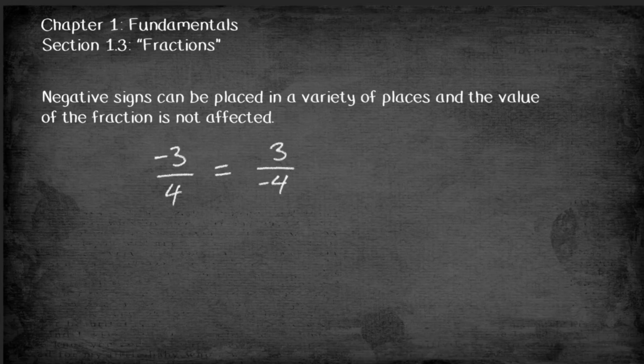If we think for a moment, fractions represent division, and the sign of the answer between these two fractions is going to be the same. And of course, the numbers are the same, so these two fractions are the same. It's also sometimes helpful to just put the negative sign out in front so there's no ambiguity. That is, the whole fraction is negative.